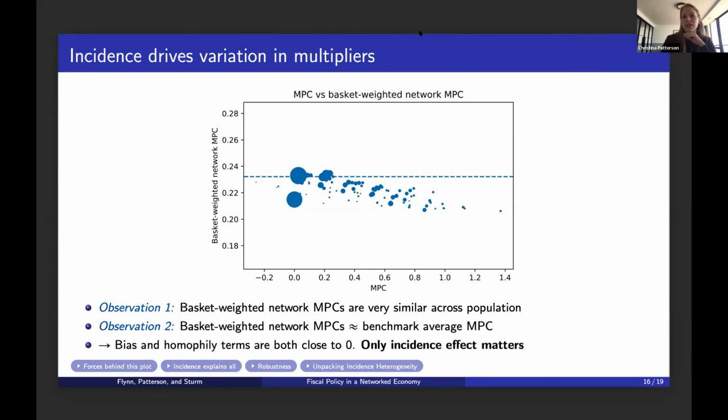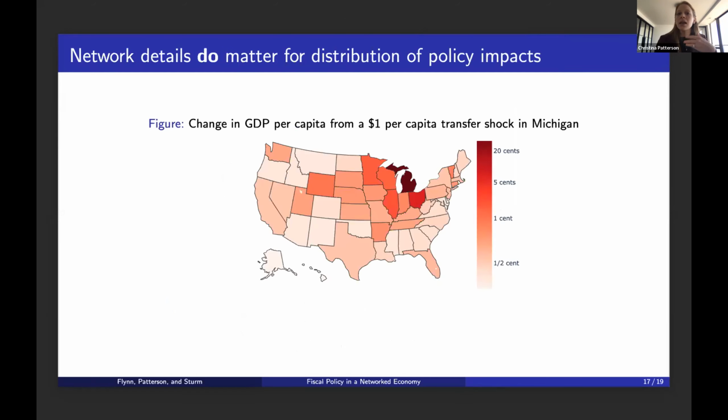This doesn't mean the consumption network is irrelevant. While it doesn't contribute meaningfully to the aggregate, it does contribute meaningfully to understanding the distribution of fiscal effects. Just to give you a flavor of that, what I'm showing you here is the effect on output in each state from the government transferring $1 to workers in Michigan.